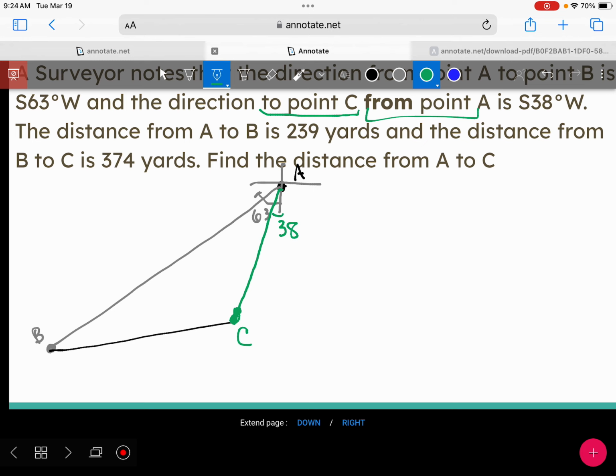We know the distance from A to B is 239 yards. And from B to C is 374 yards.